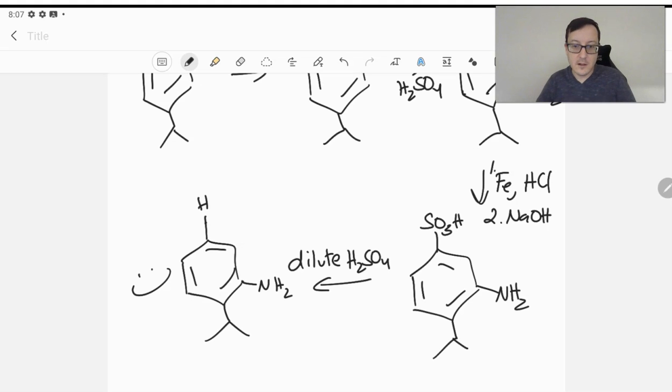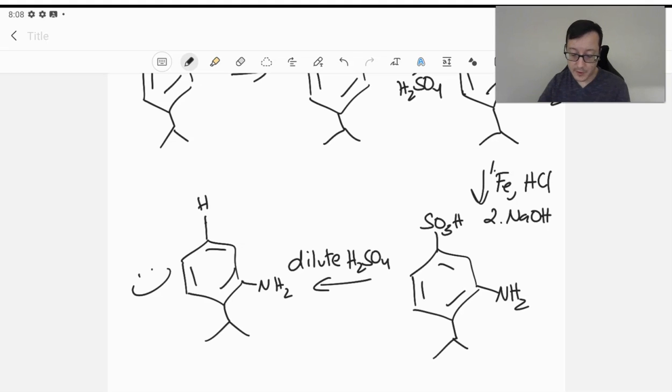Ta-da! Blocking groups are very useful, synthetically speaking. It does add a few steps, but it eliminates side products, and that's preferable. If half or two-thirds of your product is going in the trash, that's worse than adding a few extra steps. If I only want the ortho product and not the para one, it's better to just block off that para position.